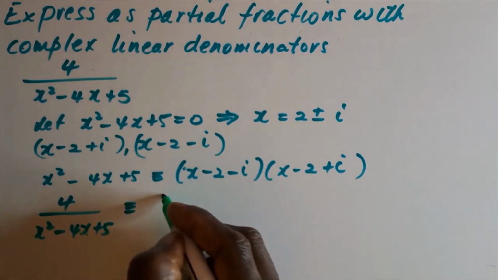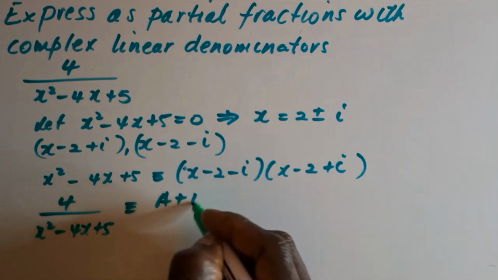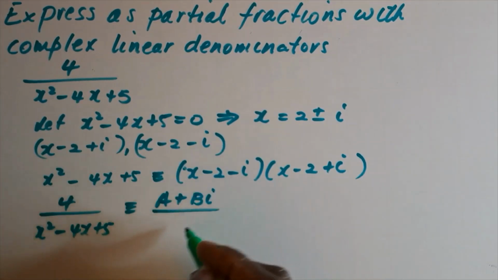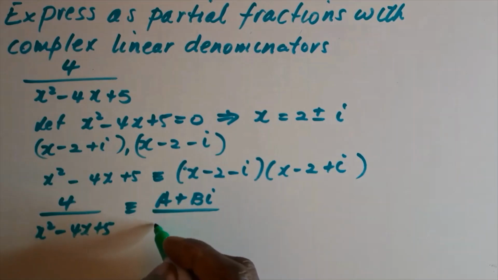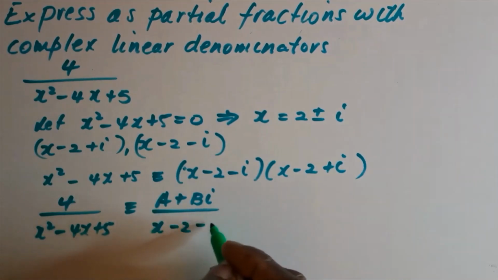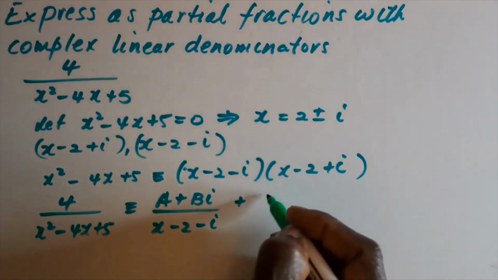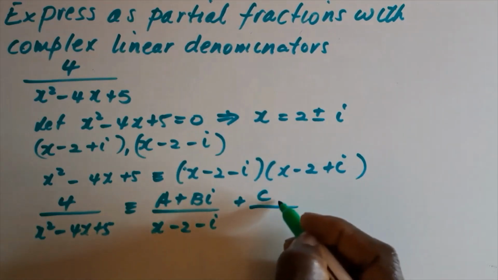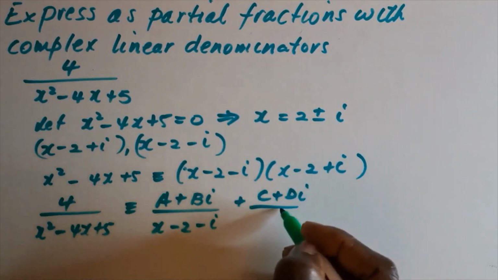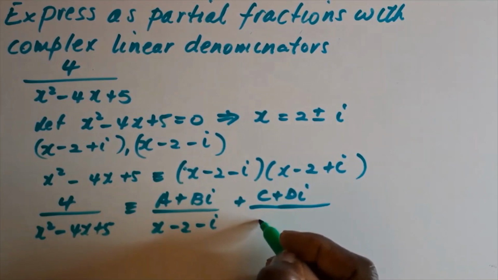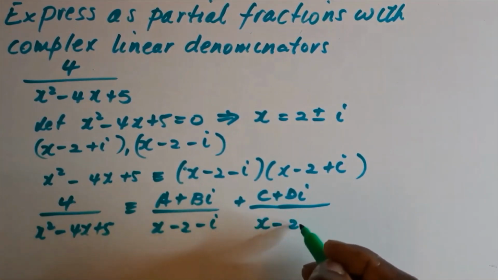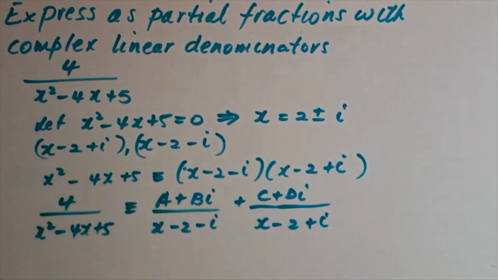Now we're going to write our complex numerators. Add this to (c + di) over x minus 2 + i.